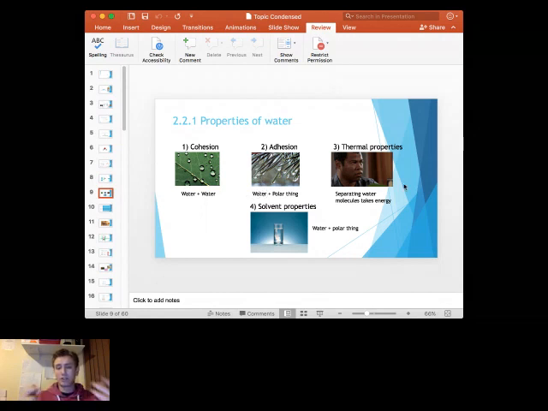The third thing is thermal properties. And again, always make sure that when you're explaining these things, you refer back to the structure of water. Because water has this dipole and can form these hydrogen bonds, which are very strong attractions to itself, if you were to cover someone with water, the body's heat will naturally be used to separate these water molecules from each other.